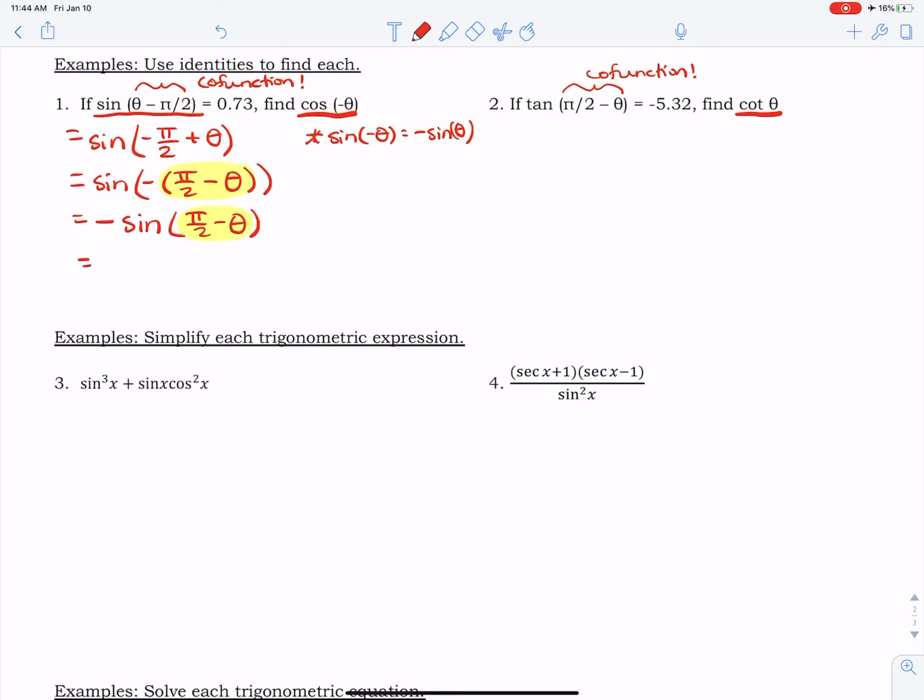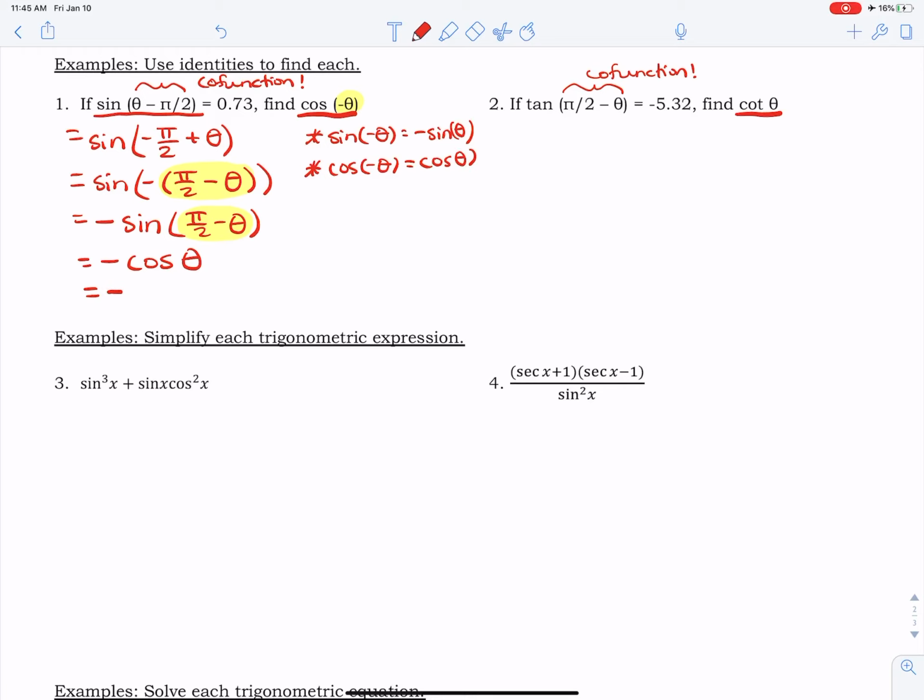Now we have, okay, what does that mean? Well, we have to think about the pi over 2 and the minus theta. Now we go back to the cofunction, and that's just the same as negative cosine of theta. But now I'm trying to get this negative theta up here. Oh my gosh, what can I do to get that? Well, cosine of negative theta is the same as cosine of theta.